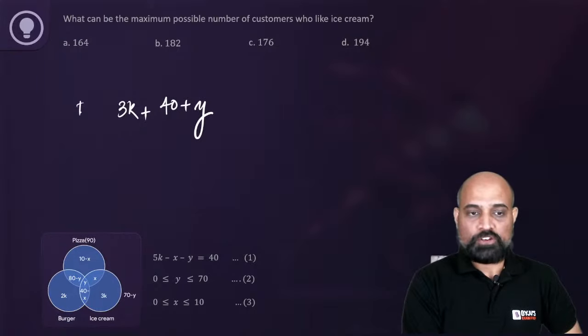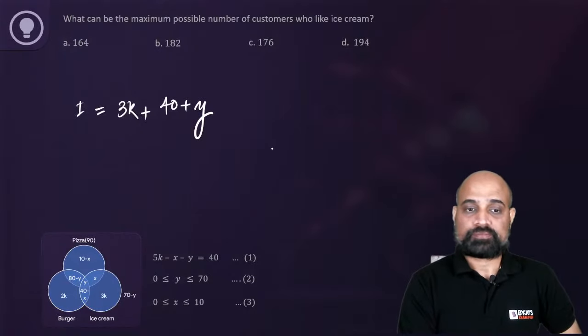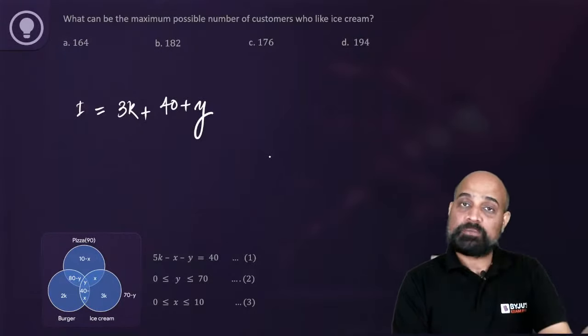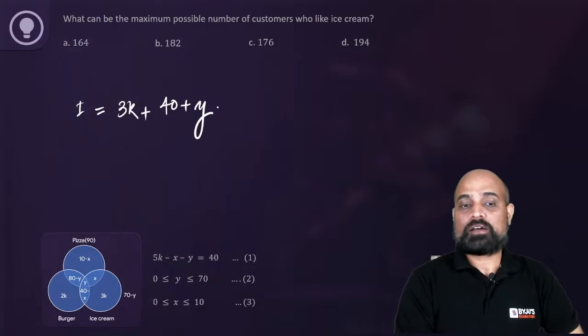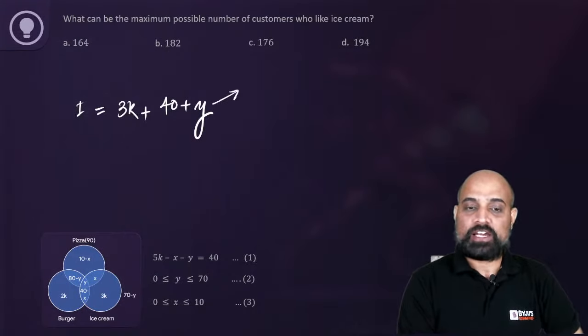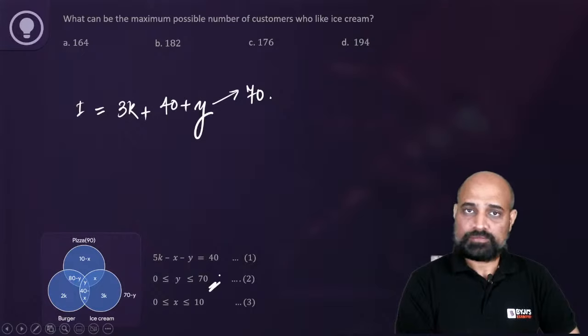This is what the value of ice cream is going to be. Since we want to maximize this, तो इसका मैक्सिमम के लिए y की वैल्यू आप कितना लेके जा सकते हो? 70 तक, राइट? y का मैक्सिमम वैल्यू 70 तक.